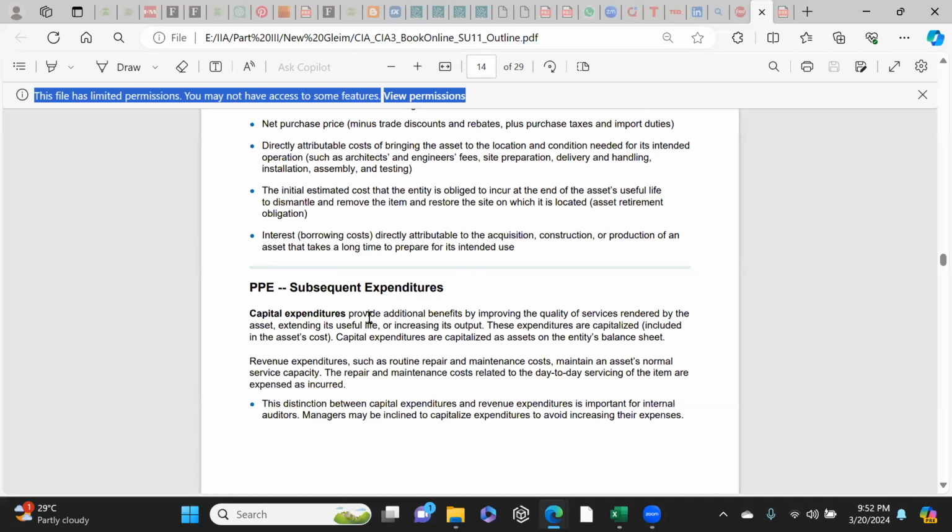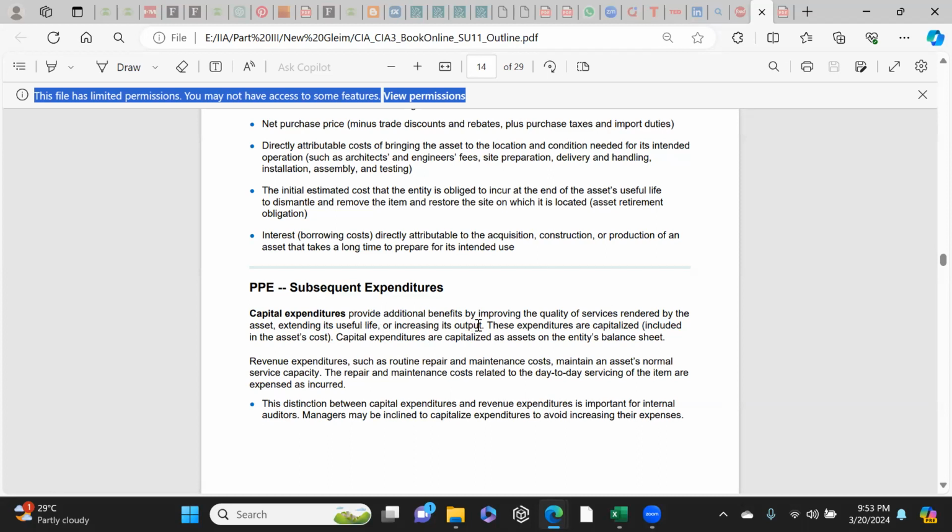And then subsequent expenditure. Capital expenditures provide additional benefits by improving the quality of the services rendered by the asset, extending the useful life, or increasing its output. Sometimes after you incur the capital expenditure, the quality of the product or the service will improve, or it may extend the useful life, or it may increase the output.